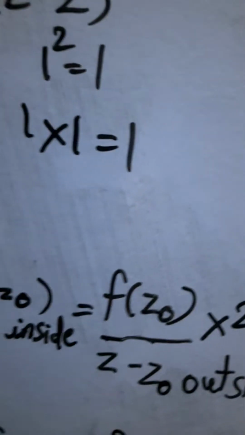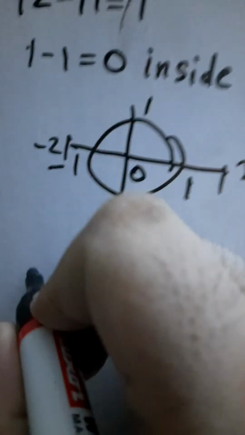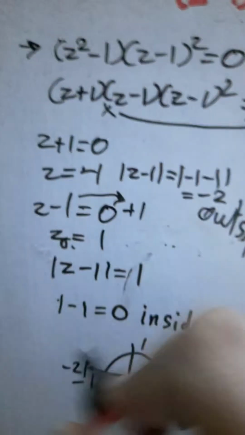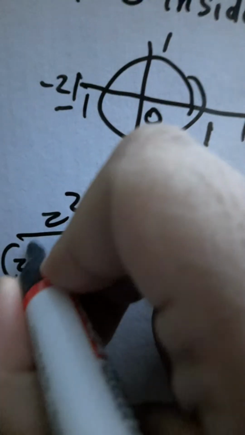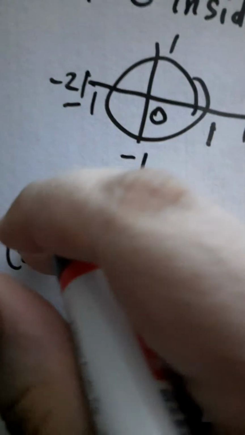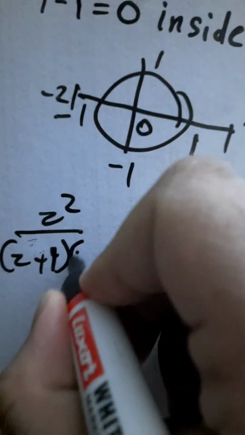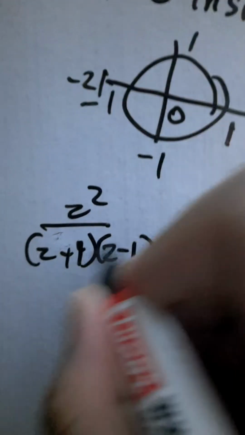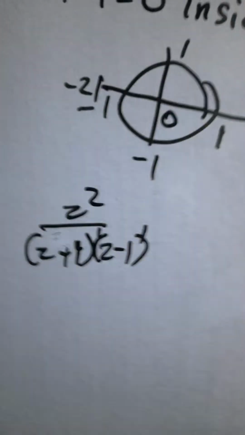But here, let me show you once. This is our function right now. In this function it was z square by z plus 1 into z minus 1. So these were both linear, right?